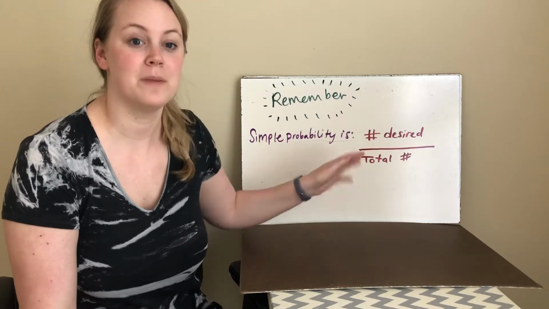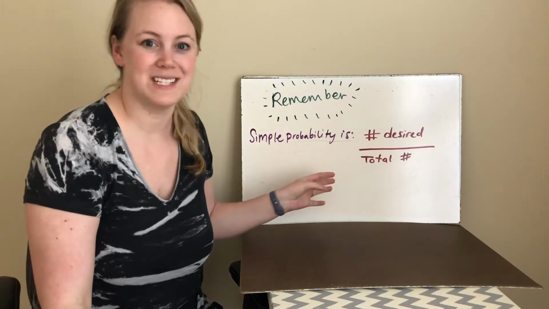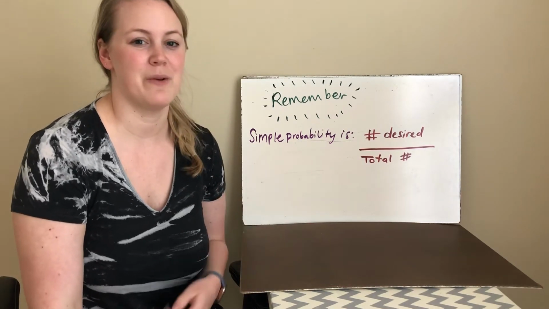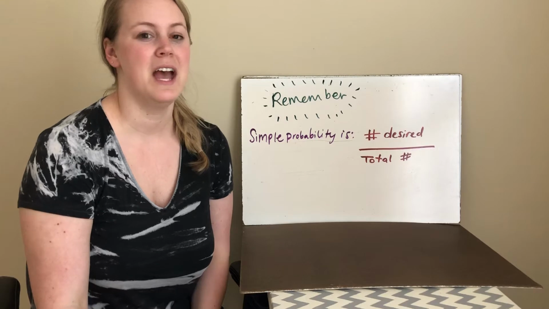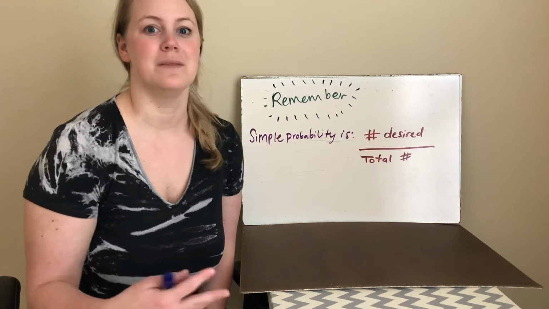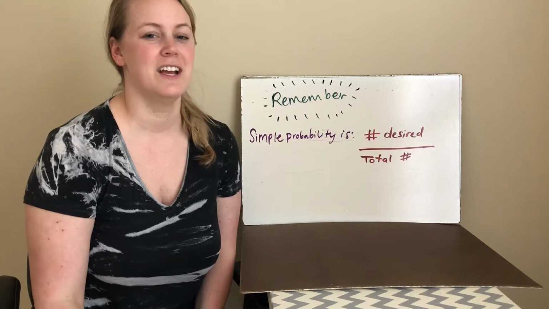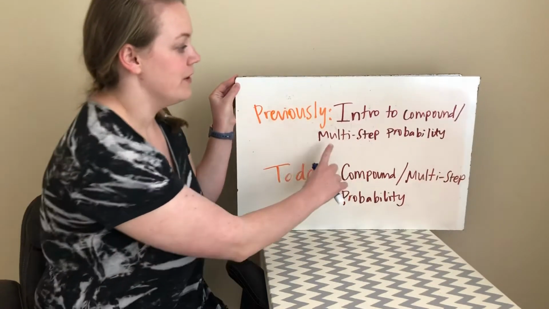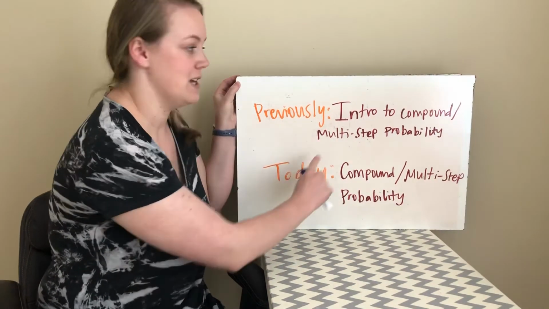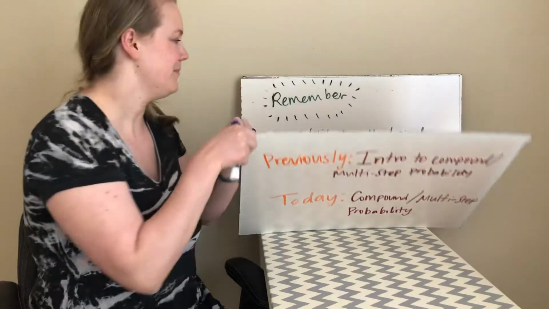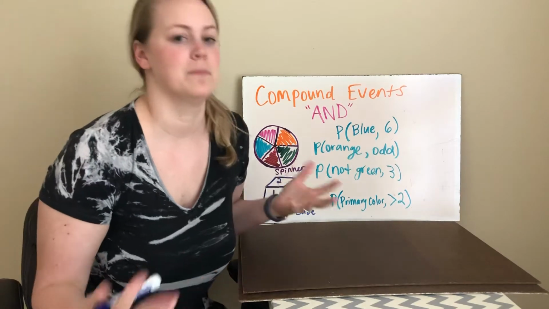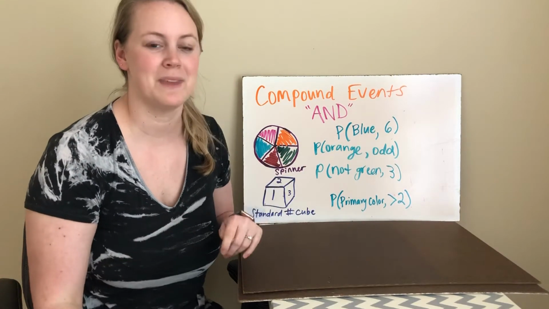That's important because we're going to be using simple probability for multiple events, since we're now in multi-step probability, and we will actually be multiplying, kind of like what I said in the last video. I'm going to call it multi-step probability because we are multiplying. So compound events and multi-step events are the same.